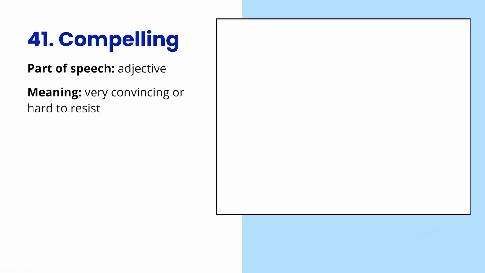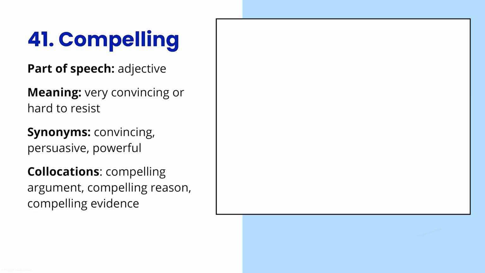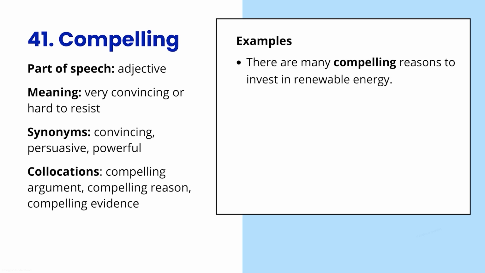Moving on to 41, compelling. Compelling is an adjective, and it means very convincing or hard to resist. Synonyms: convincing, persuasive, powerful. Collocations: compelling argument. So this means an argument that is very convincing or a very good argument. Compelling reason. Same thing, a very powerful reason. Compelling evidence.